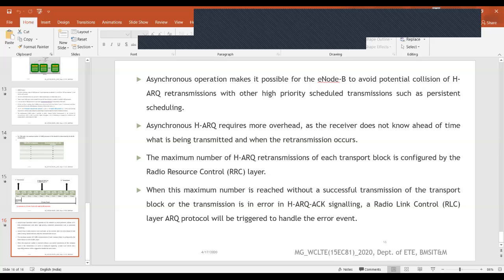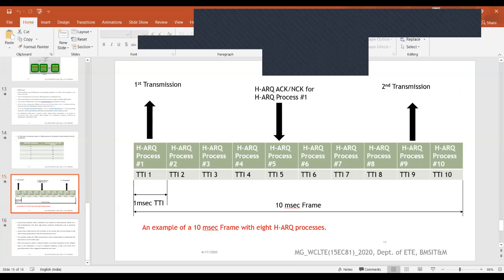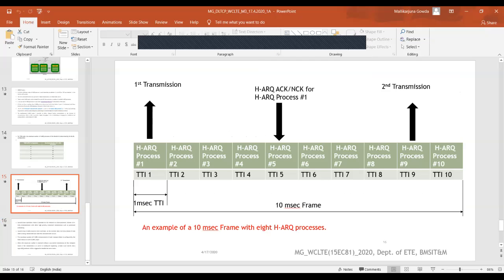In a nutshell, to understand LTE, in downlink FDD mode, the type of hybrid ARQ technique used is N channel stop and wait hybrid ARQ protocol, and I think this diagram is more appropriate to understand how the process is happening. Other than this, I have taken other examples also for better understanding.